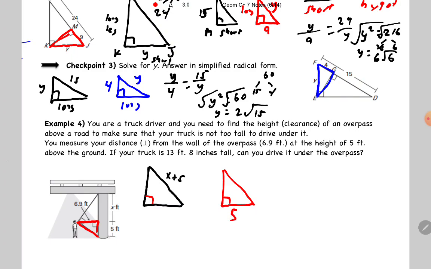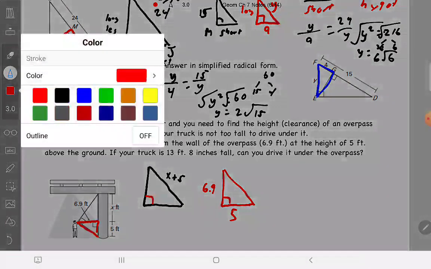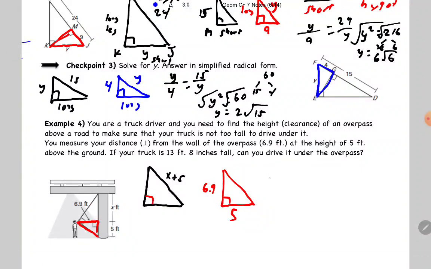Okay, and that's all we have for that. Oh, nope, and then the long side is 6.9. Okay, and then the blue triangle. So long leg, short leg, hypotenuse. The short leg of the blue triangle is 6.9. We don't know the hypotenuse, but we do know that the height is x here.